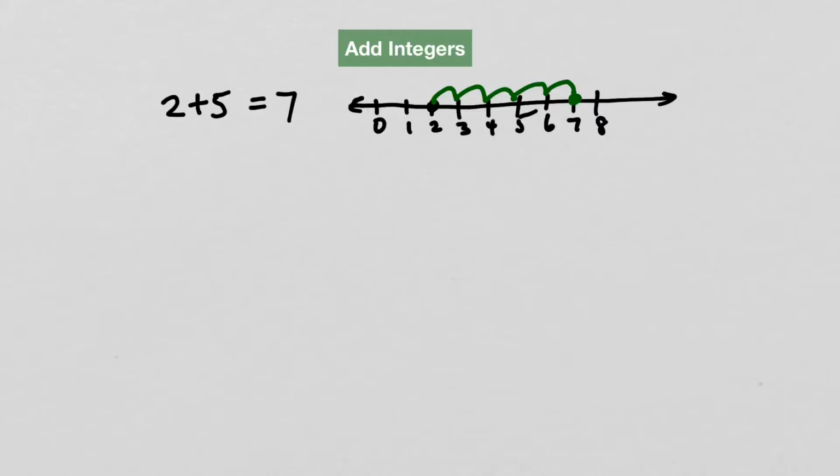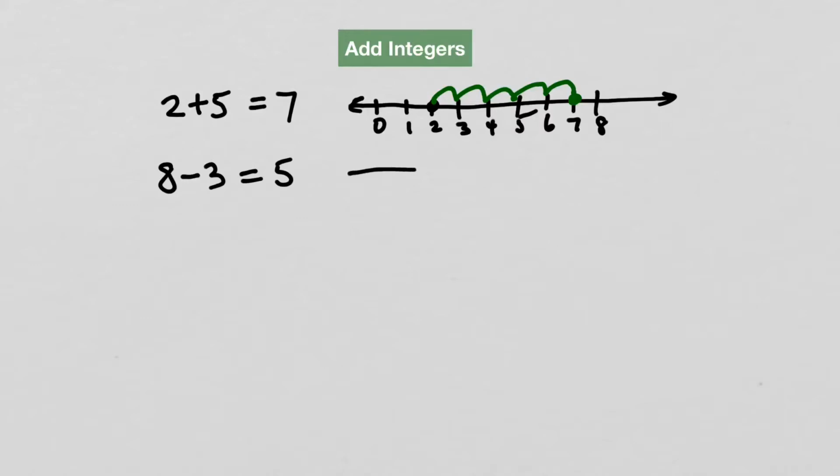Now let's throw in a couple negative numbers. Actually, let's keep it simple. Let's say we're going to do 8 minus 3. We all know that that is equal to 5.